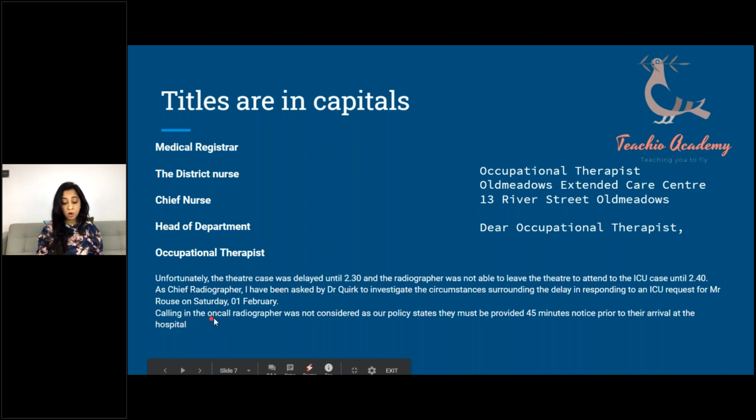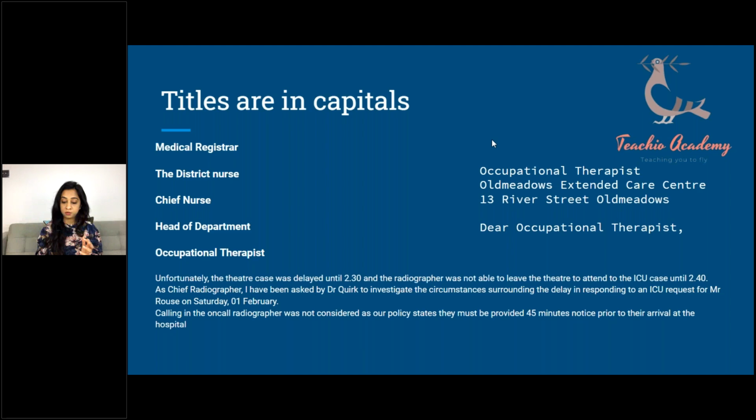Calling in the on-call radiographer was not considered, as our policy states they must be provided 45 minutes prior to arrival at the hospital. Okay, so the H may or may not be capital here. So what did we learn here? Titles like medical registrar, district nurse, chief nurse, head of department have to be in capitals.